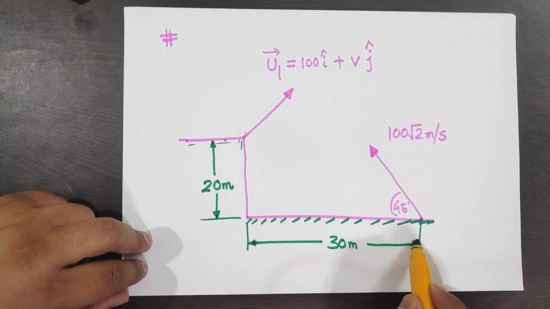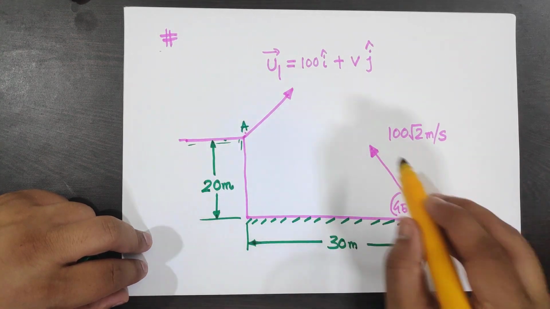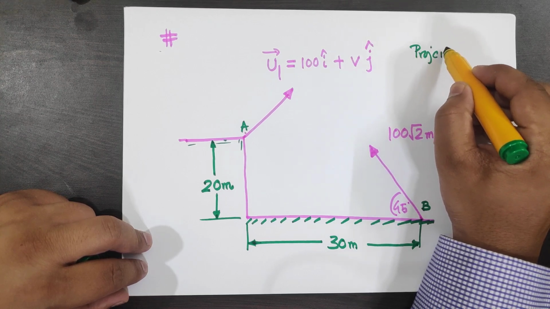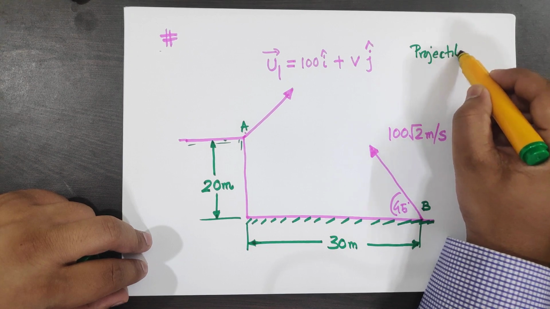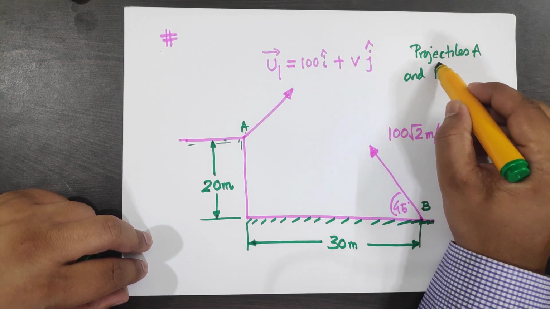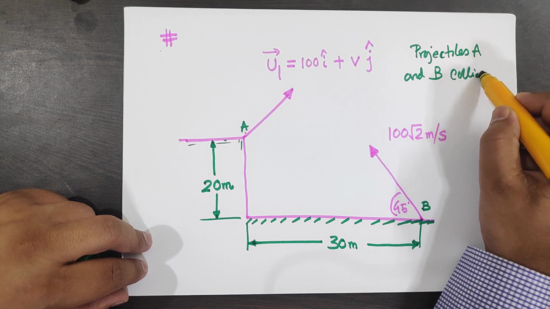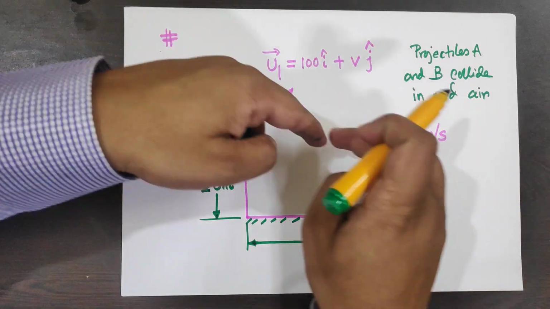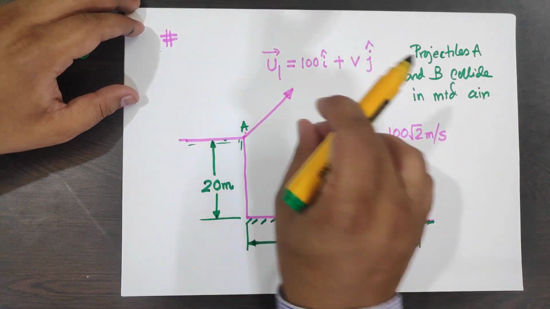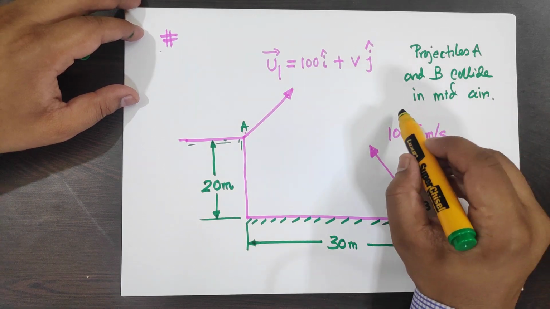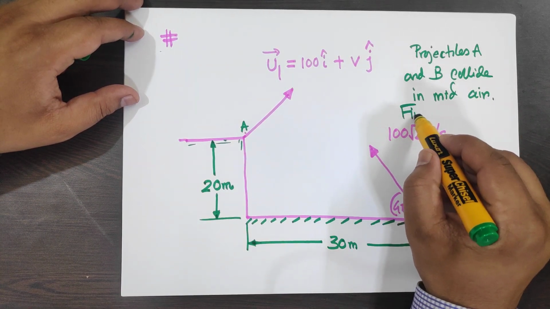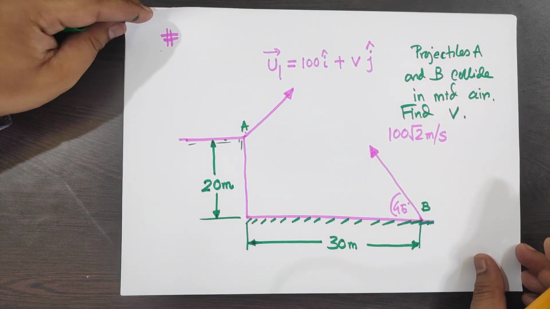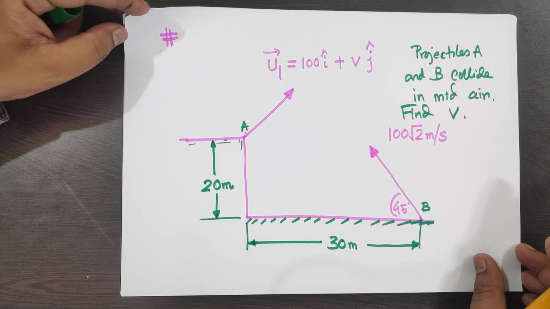Okay, question is that the projectiles A and B are thrown. Projectiles A and B collide in midair. That's given, they will collide in midair, bang, somewhere while they are flying. So find V. So for the collision between A and B to happen in midair, find the value of V.